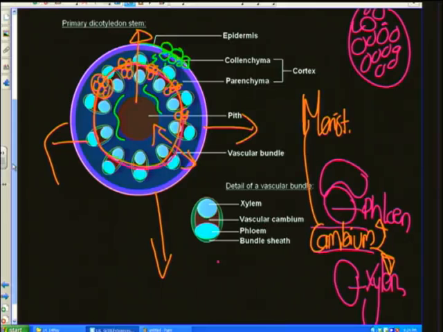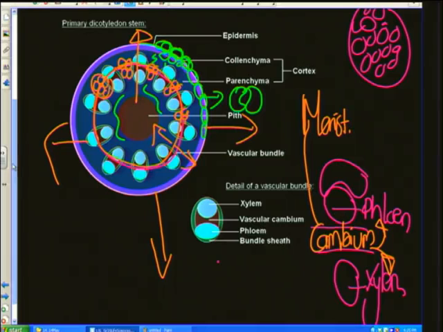In the beginning, when the plant is still growing, these epidermal cells are still on the surface. The plant does need to be able to bring in, take out water, gaseous exchange. So there are stomata on the epidermis of the young dicotyledonous stem.